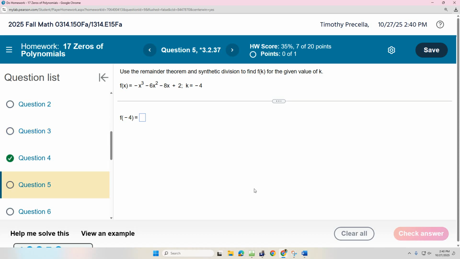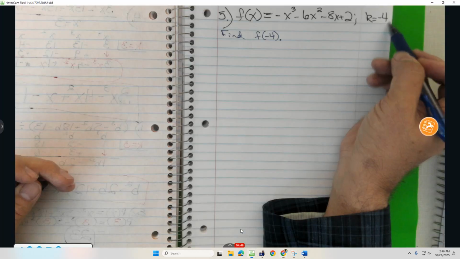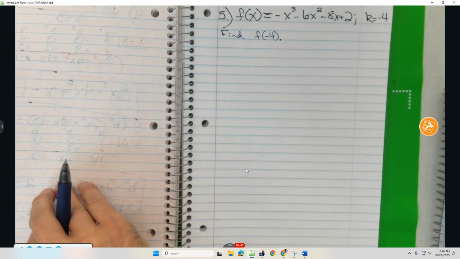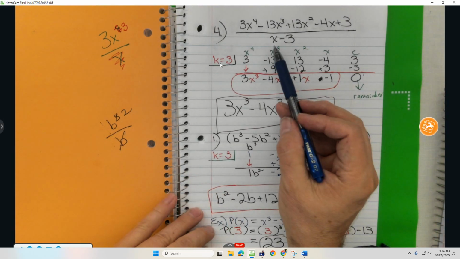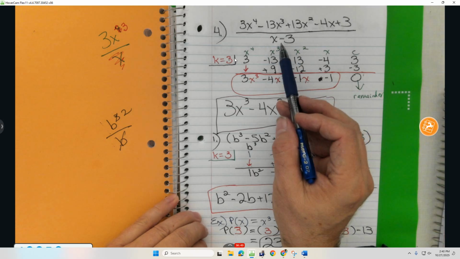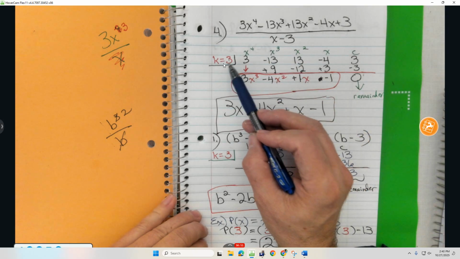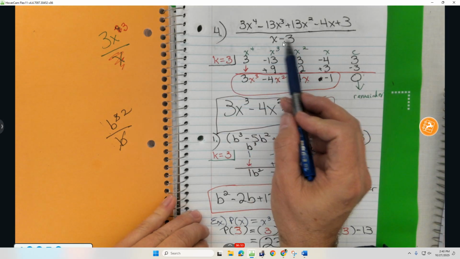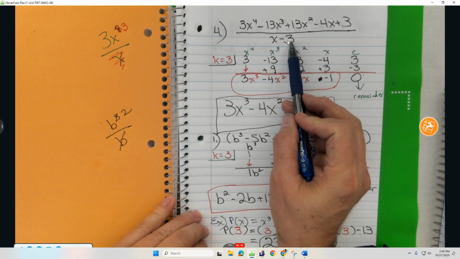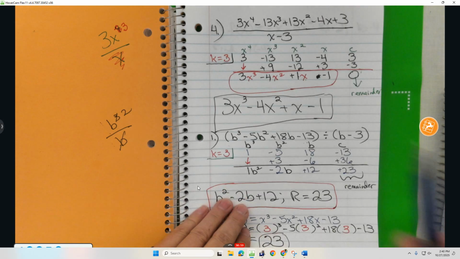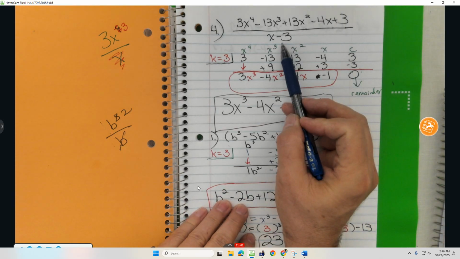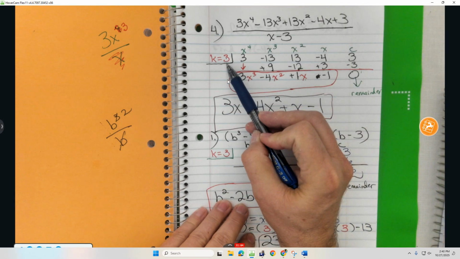Well, they tell us the k-value, so we're not changing the sign. Realize on the previous problem, they weren't giving us the k-value. We had to find the k-value, and I said the k-value is exactly the opposite of what you see. Now, we don't need to know the divisor, but here the divisor was x minus 3. The k-value became a positive 3.